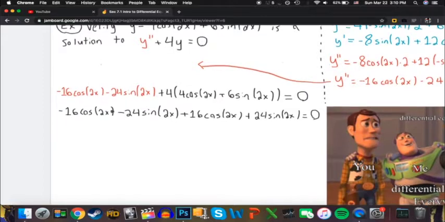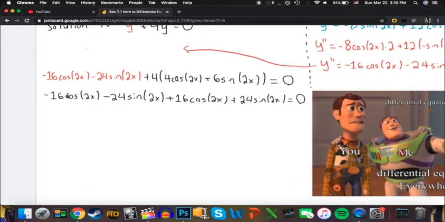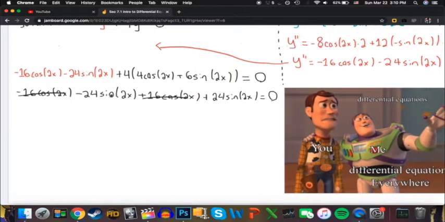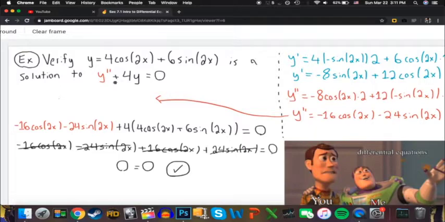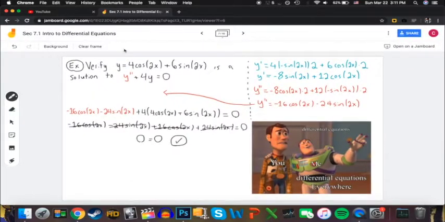But if you notice how we do have the same expressions, except one's going to be a positive, one's going to be a negative for the cosine. So those are going to cancel out. And the same situation appears when we have a negative 24 sine of 2x and a positive 24 sine of 2x. So those are all going to cancel out, leaving you with 0 is equal to 0. And so we just verified that this function is indeed a solution to this particular differential equation.